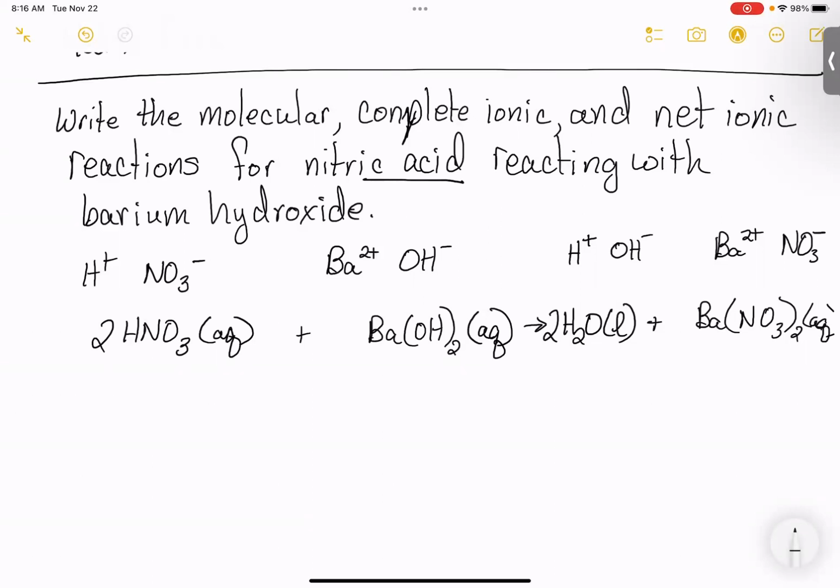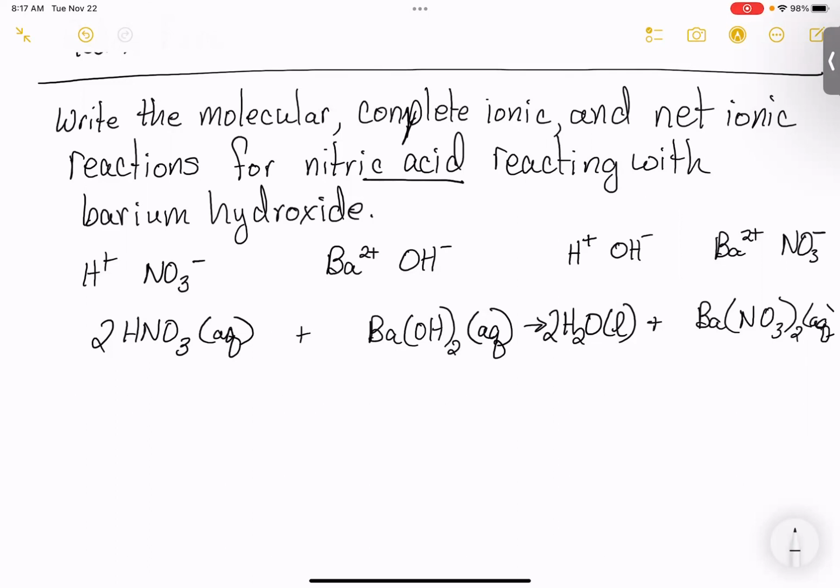Or is there something a little bit more exact? I heard it. Strong electrolytes. You only separate strong electrolytes. So that's important. I have to determine in an acid-base reaction what's a strong electrolyte and what's not.